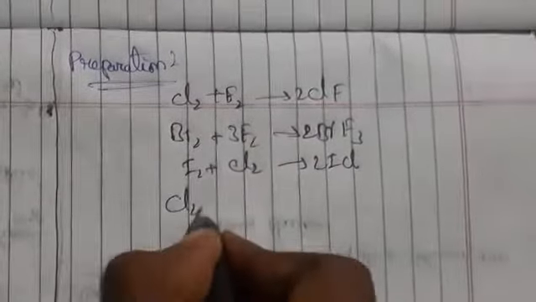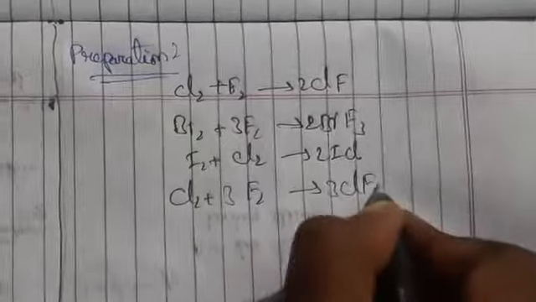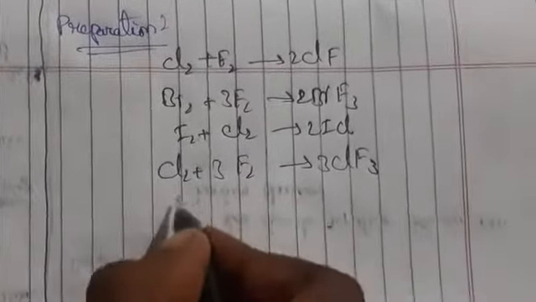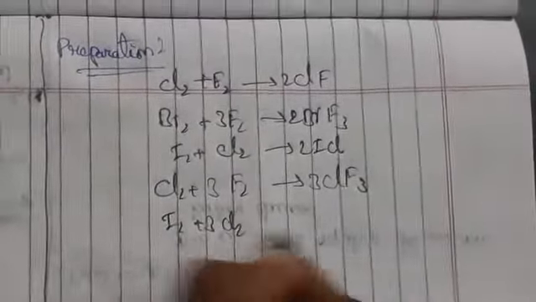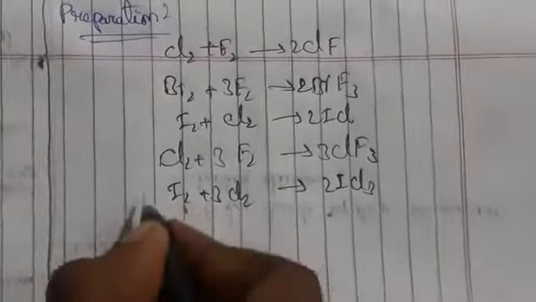We also have different types: Cl2 plus 3F2 gives 3ClF3, I2 plus 3Cl2 gives 2ICl3. So here we are taking direct combinations.